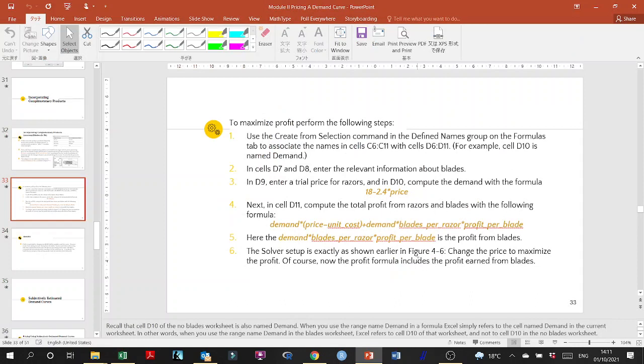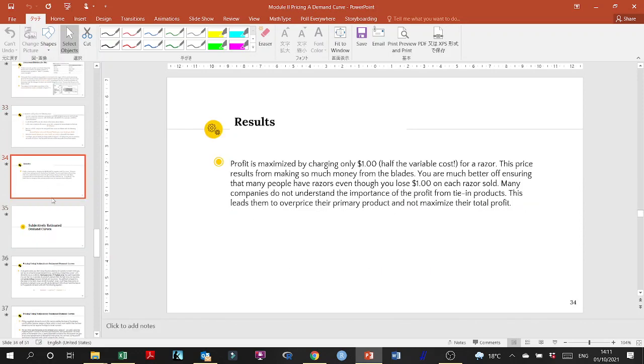So let's take a look here. We need to set up the solver as shown in this figure 4.6. I think I have some slides missing here.